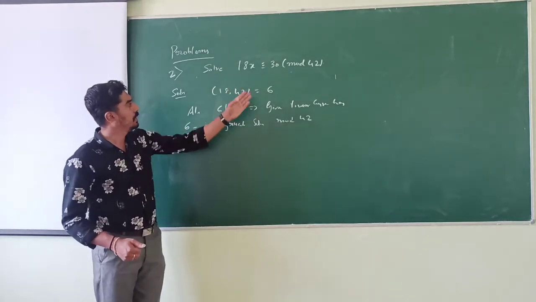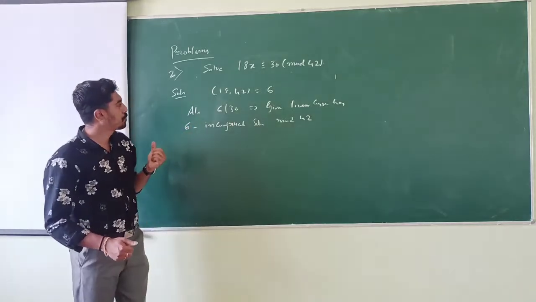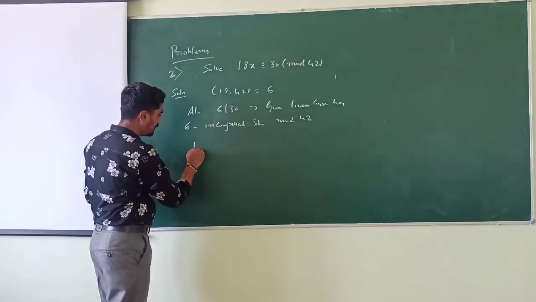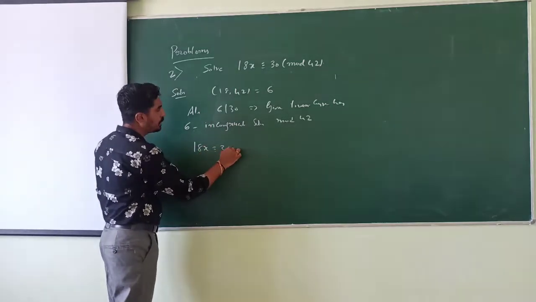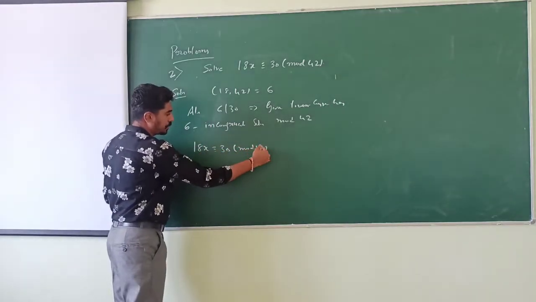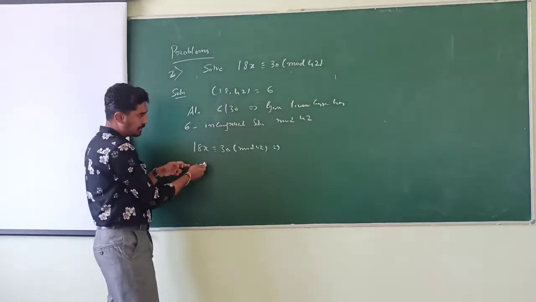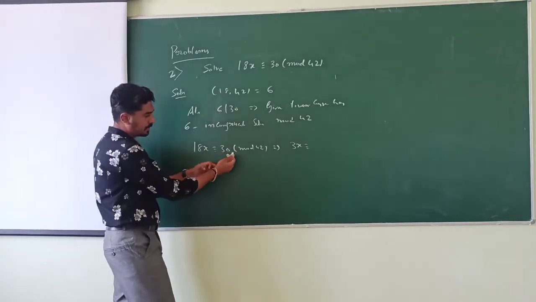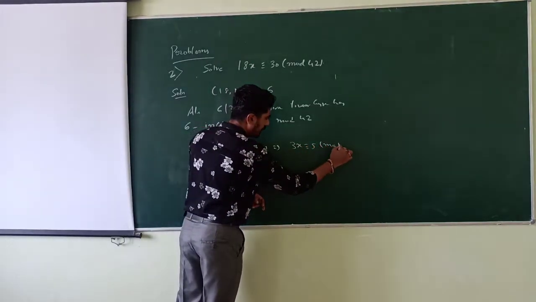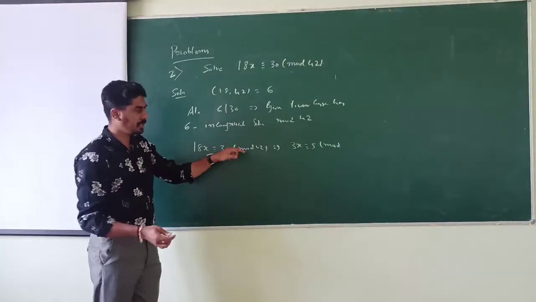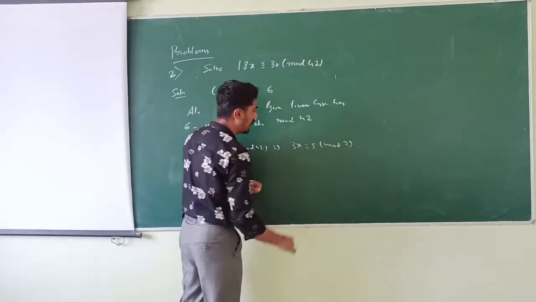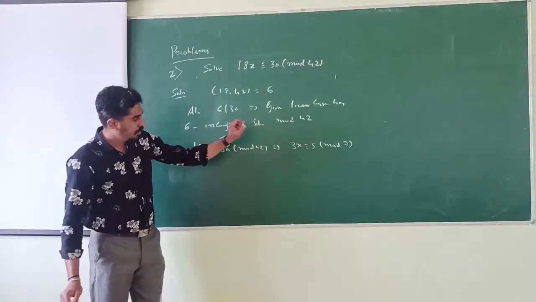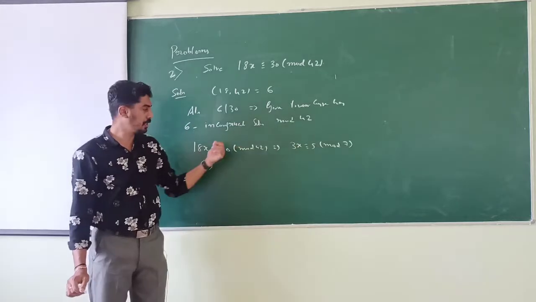So we can reduce this linear congruence by dividing throughout by the GCD 6. 18x is congruent to 30 mod 42 can be reduced to 18 by 6, which is 3x, congruent to 30 by 6, which is 5, modulo 42 by 6, which is 7. These two congruences are entirely different congruences, but the solution of this congruence is also a solution of the original congruence.